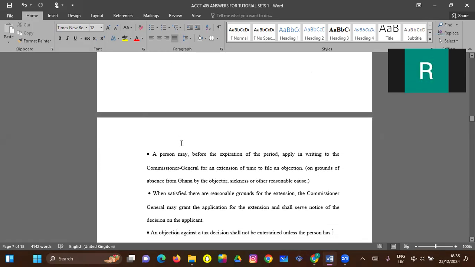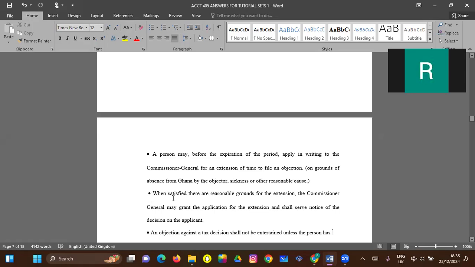Third, a person may, before the expiration of the period, apply in writing to the Commissioner General for an extension of time to file an objection, on the grounds of absence from Ghana by the objector, sickness, or other reasonable cause.